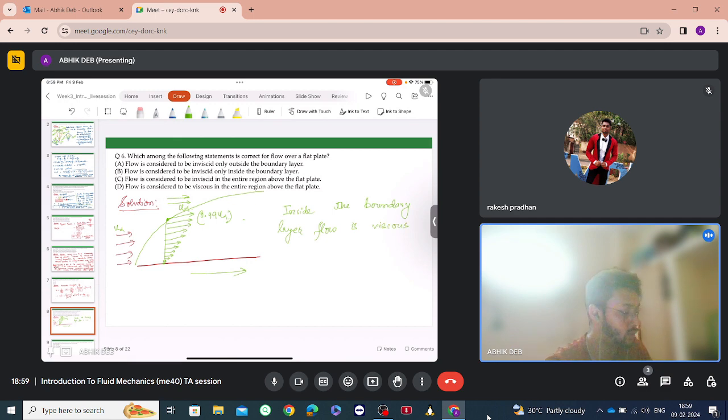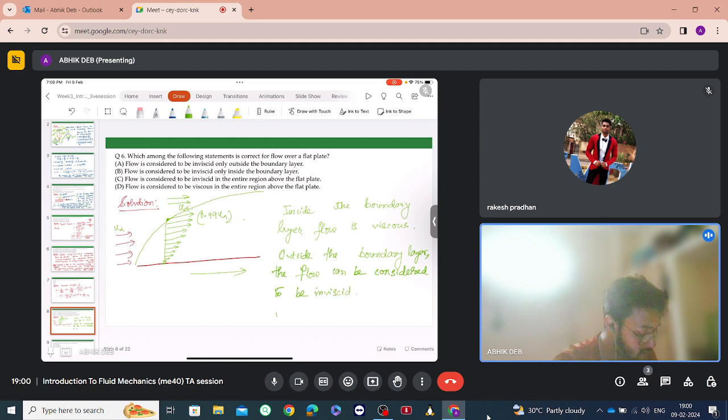So inside the boundary layer, the flow is viscous. Outside the boundary layer, the flow can be considered to be inviscid. So the correct option is option number A.